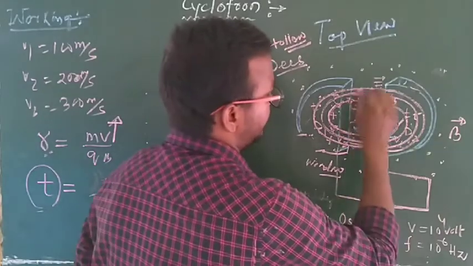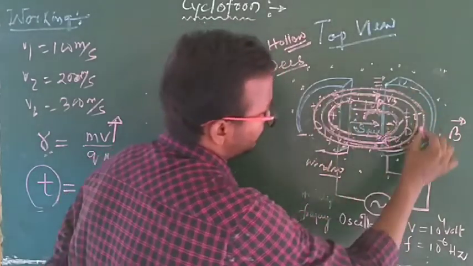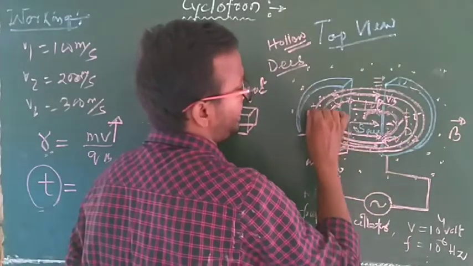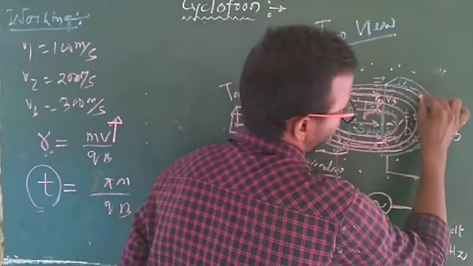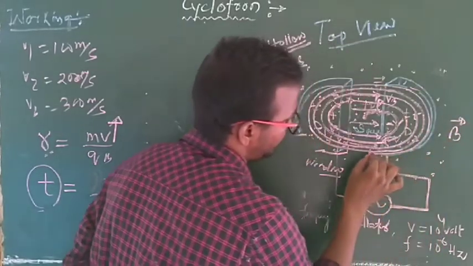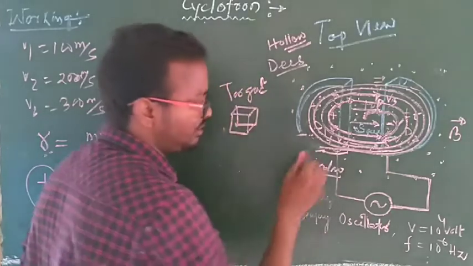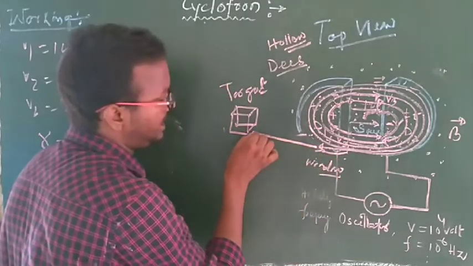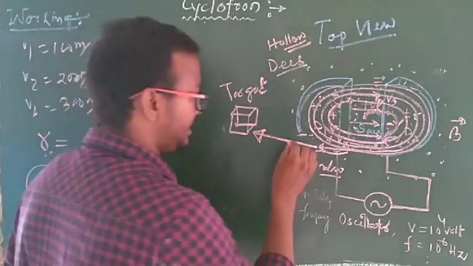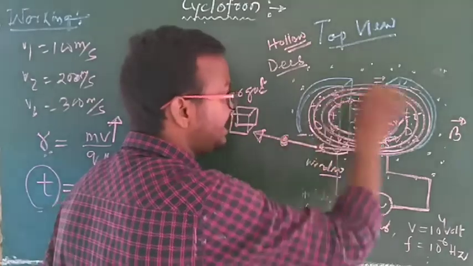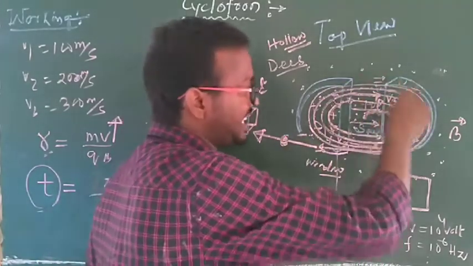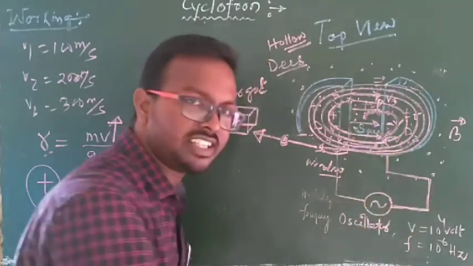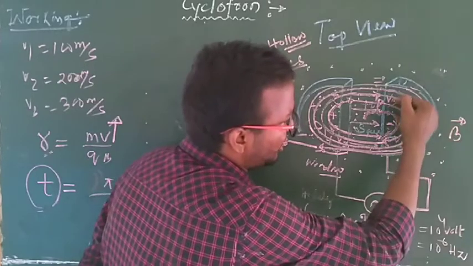When the charged particle describes a number of circles and finally reaches the periphery of the disk in this direction, and if you set a deflector here, the charged particle is deflected by the deflector, passes through the window and finally hits the target. The charged particle which accelerates a number of times and makes a circle a number of times changes its velocity when it comes into the electric field. When it enters the magnetic field, it only changes direction.